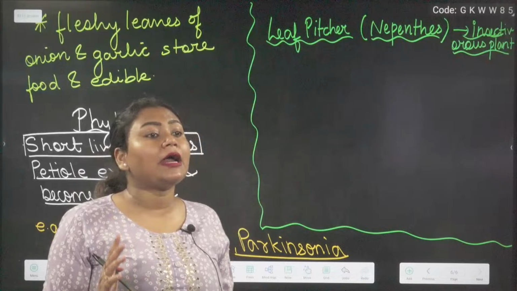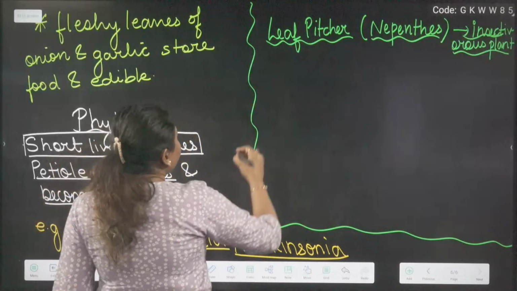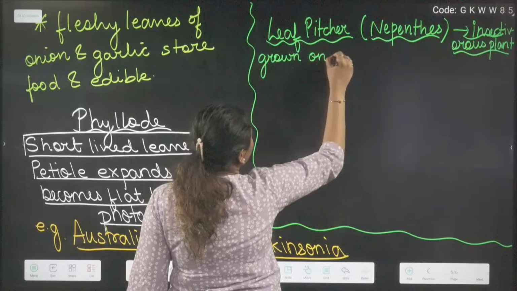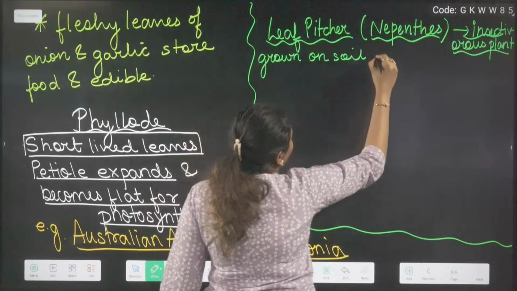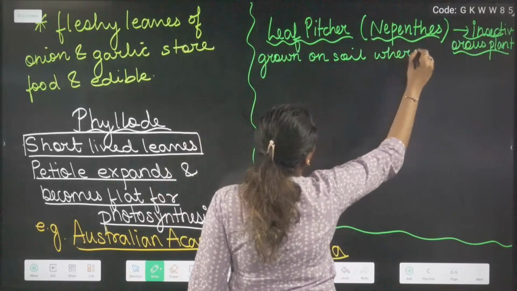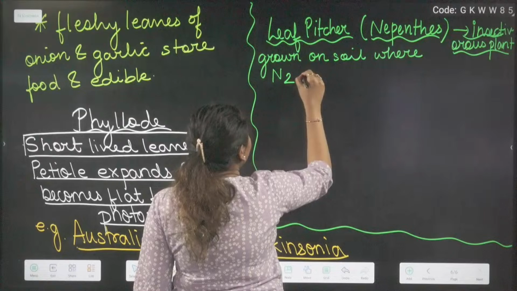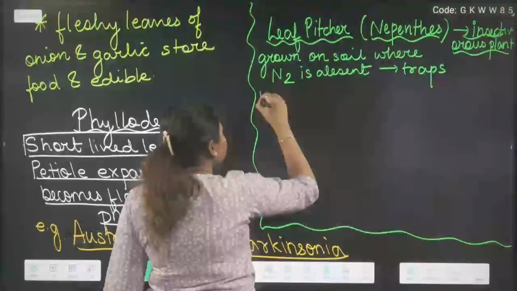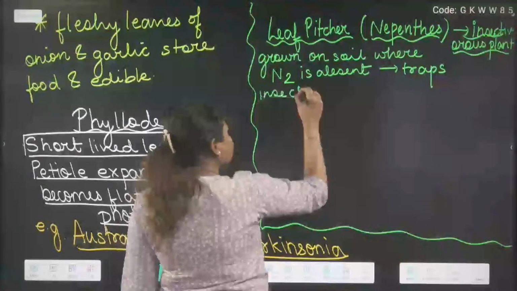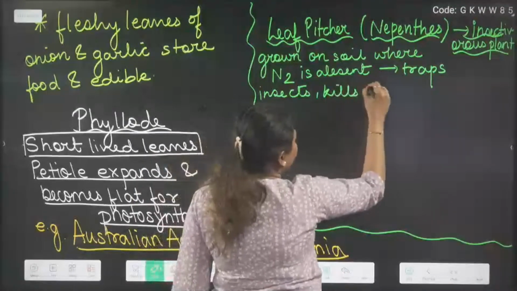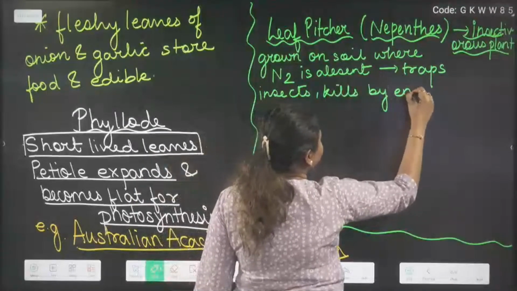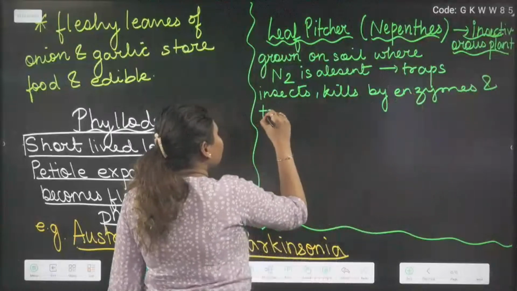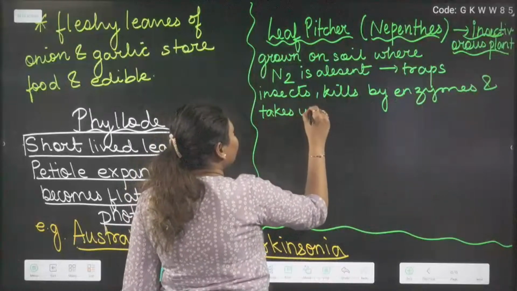So pitcher plant, or Nepenthes plant, grows on soil where nitrogen is absent. It traps insects, kills them by its digestive enzymes and takes up nitrogen from the insects.